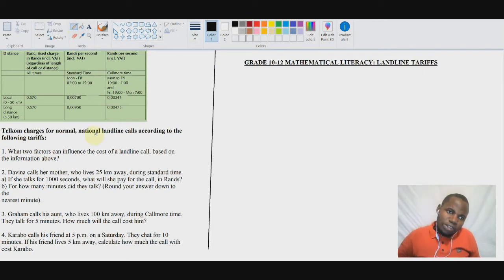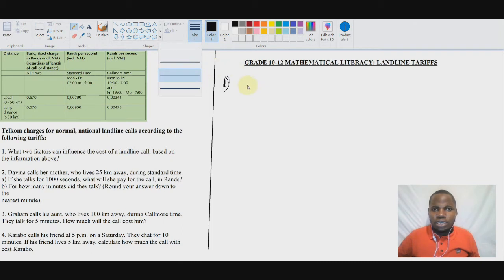The first question they are asking is: what 2 factors influence the cost of a landline call based on the information above? I just told you what the factors influencing a landline call are. Number one is the distance.